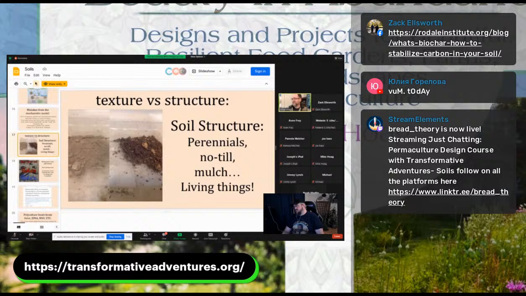So there's another practical thing. The same thing is true if you have sandy soil. If you have sandy soil and it won't hold on to nutrients, we can use a brute force method and think I've got to import a lot of compost to that soil. Or we can use a systems thinking method and use perennials, no-till, and mulch.